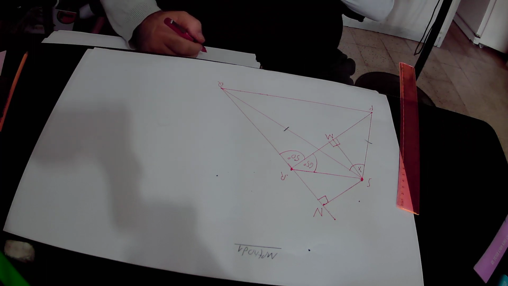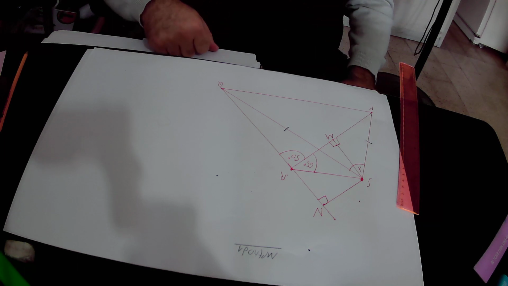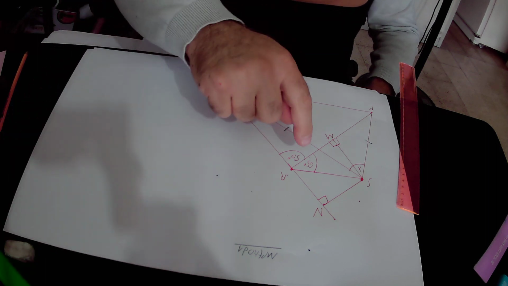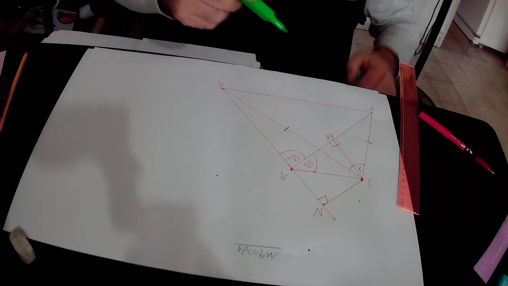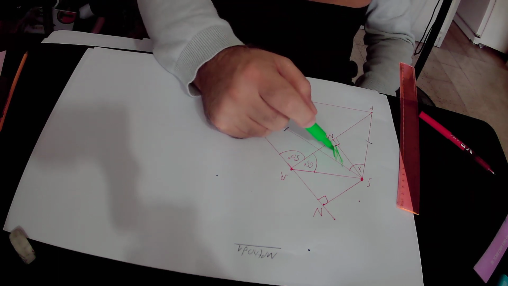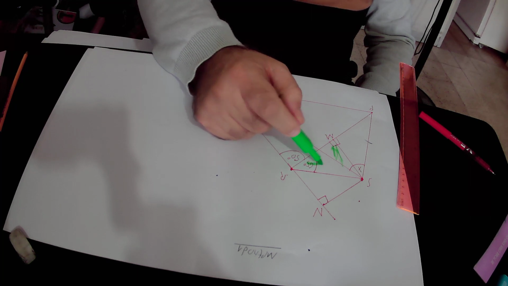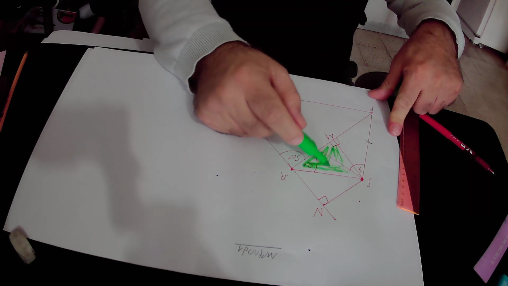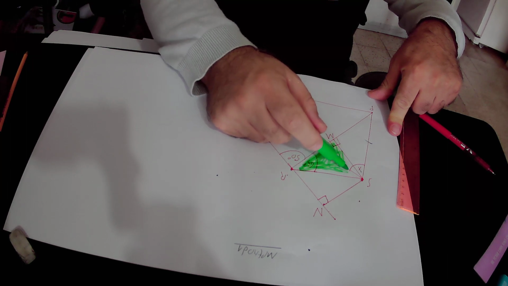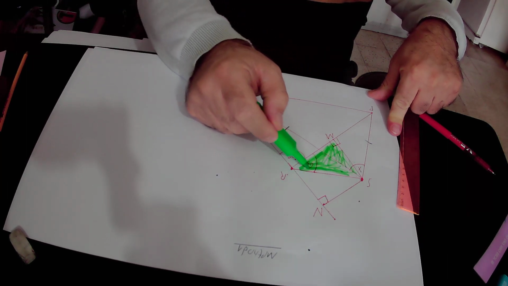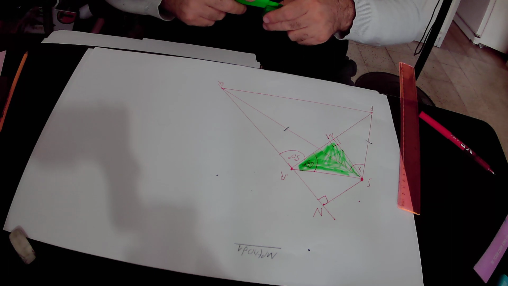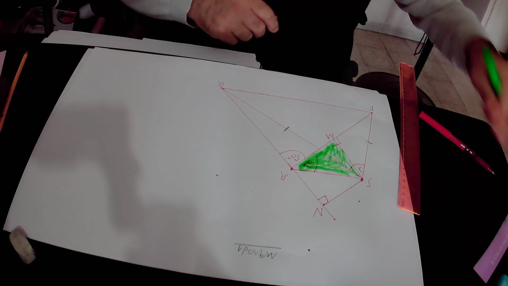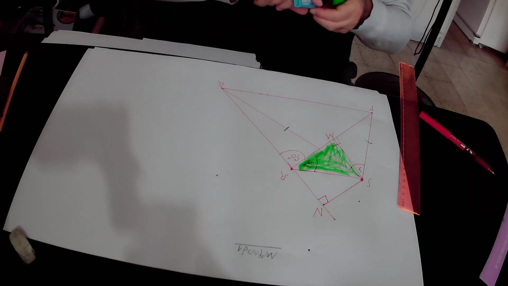And so in the next step we will focus on the right triangle SRN, the right green triangle SRM, and on the blue right triangle, triangle SNR.